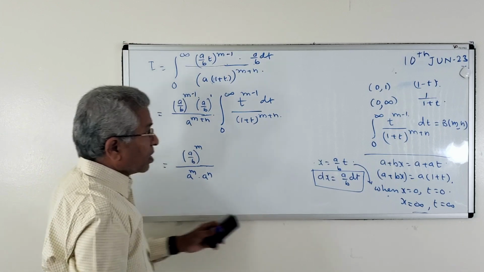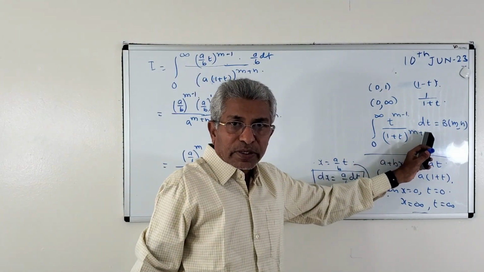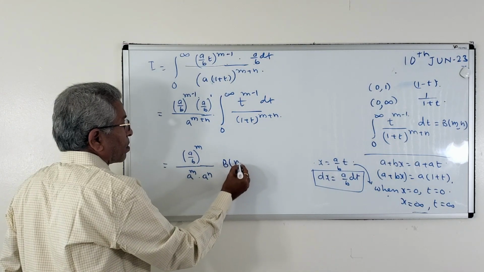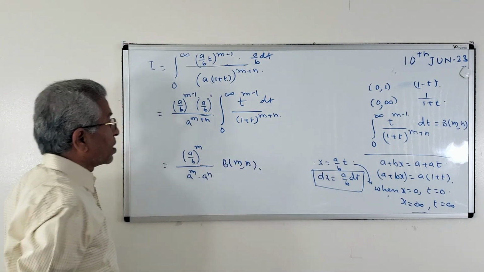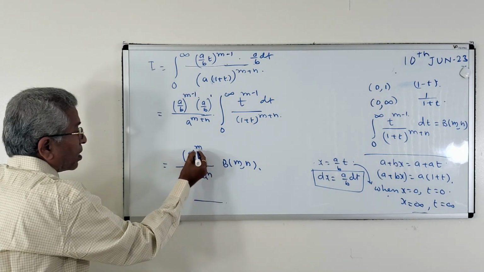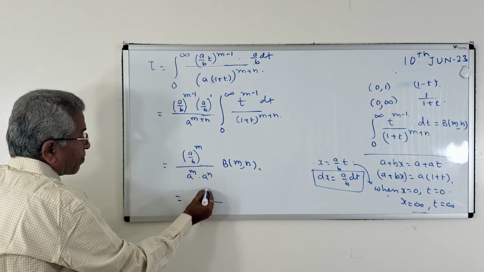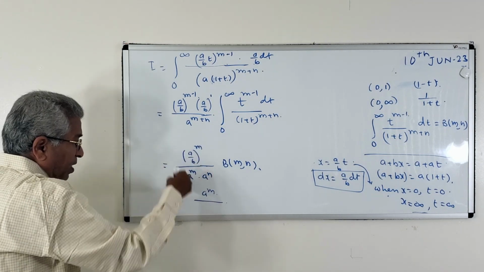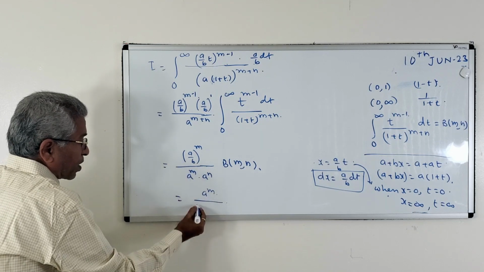And what is this? Second definition of beta. So it is beta m. Now a raised to m is in the numerator and b is the denominator, it becomes b raised to m.